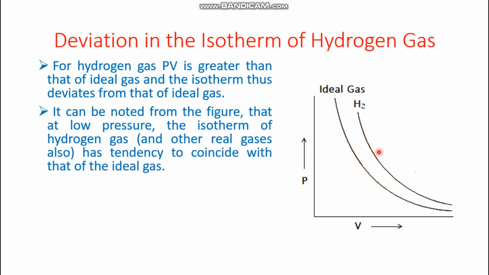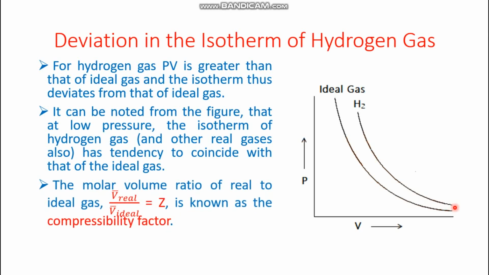It can be noted from the figure that at low pressure, the isotherm of hydrogen gas and any other real gas has the tendency to coincide with that of the ideal gas. If the pressure increases along the y-axis, then at the lower value on the y-axis the pressure is low, and look, these two lines have the tendency to merge here at low pressure.